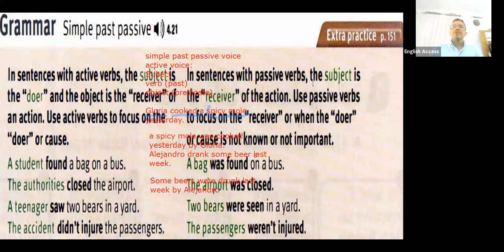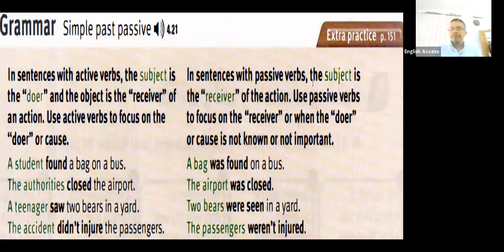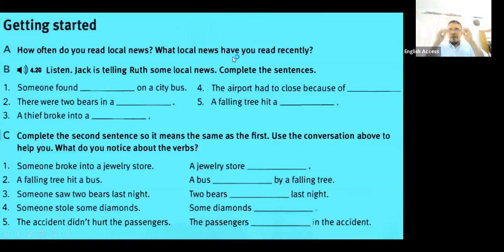Okay, that was what we saw in this part of the grammar. So that's the idea. You know how to use the passive voice, the active voice. The active voice, for example, Felix did his homework this morning.